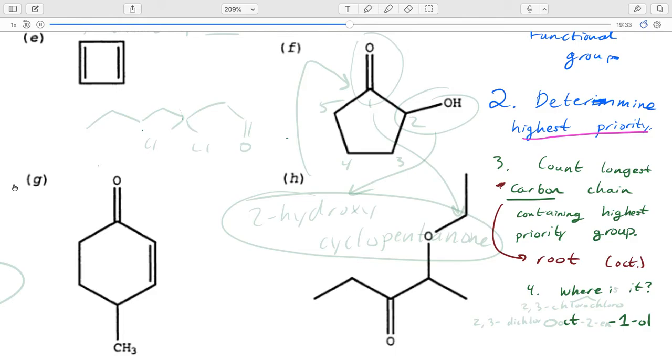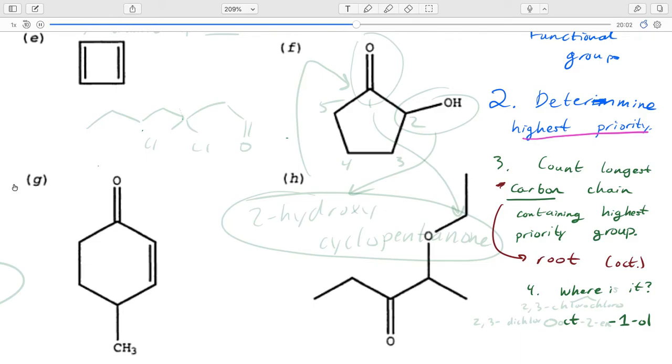So for these first 4 groups, it's assumed that this carbon in the middle is number 1. Whereas here, where you have primary, secondary, tertiary, or even just 2 R's, it could be at different carbons within the chain. That's why you have to label where it starts. But I heard that if you don't put a number, it just means... For those first 4 groups, yes.